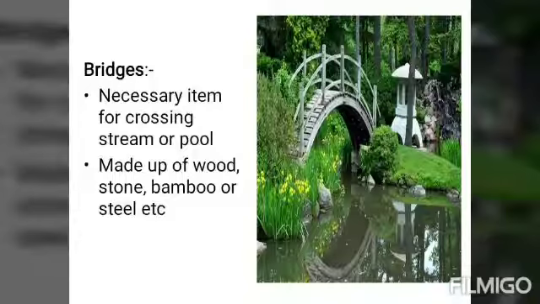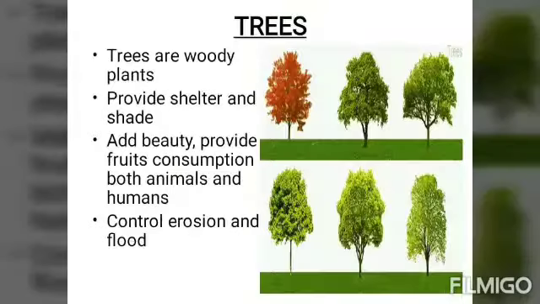And bridges are usually made of stone or wood or bamboo or concrete or steel. In garden design, rustic looking materials are more appropriate than formal ones, which will look more natural, because you are creating it in the garden. So you have to keep that in mind when you construct the bridges.